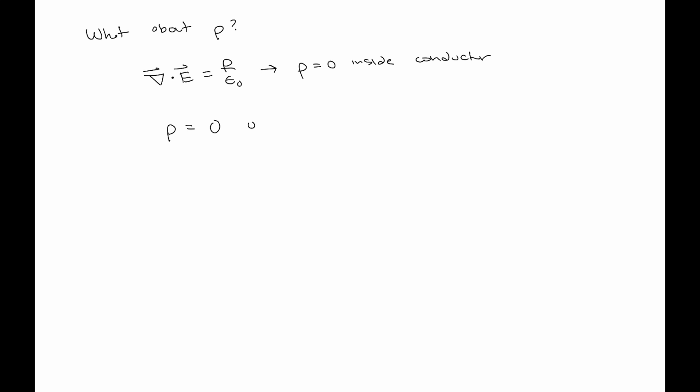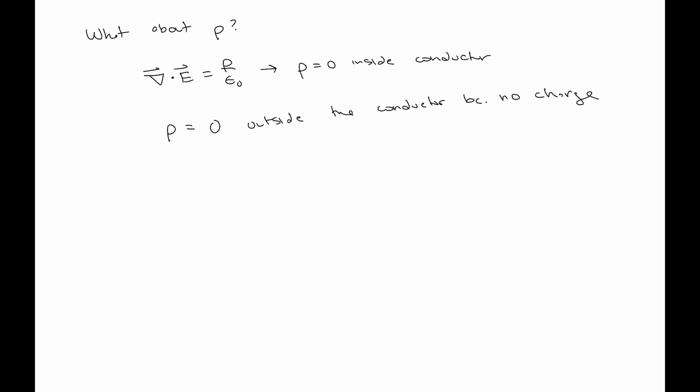Let's think about our charge density. I said it was 0 inside, because the electric field is 0 there, which gives me that the charge density is equal to 0 inside the conductor. I also know that rho is equal to 0 outside the conductor because there's no charge.